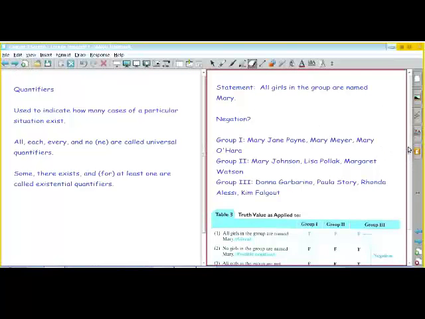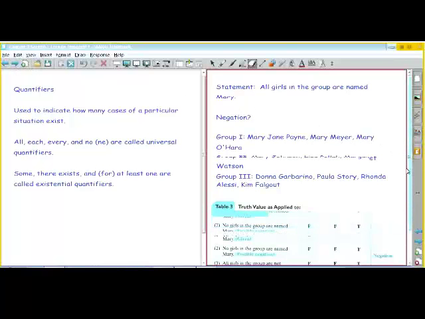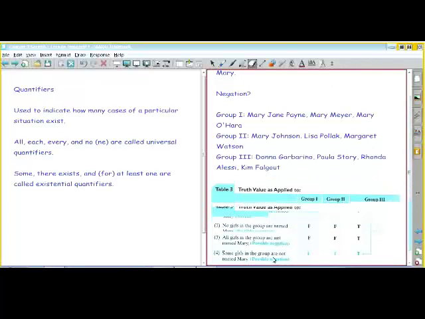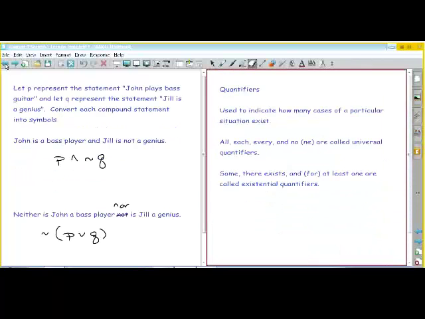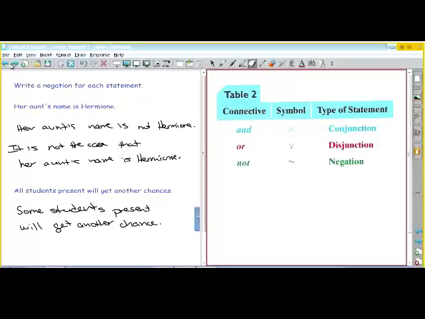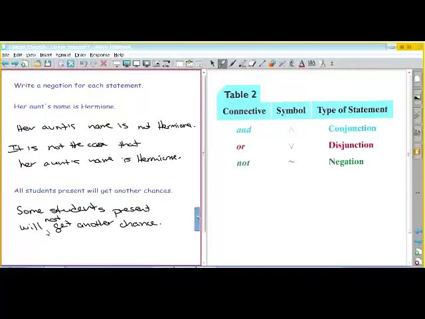Let's go back to make sure I didn't do this. It's bothering me a little bit. Oh yeah, that's not right, because this has some girls in the group are not named Mary. So there's a not, there's a some, and then there's a not. So that does not work. Some students present, I guess we could probably say some students present will not get another chance.